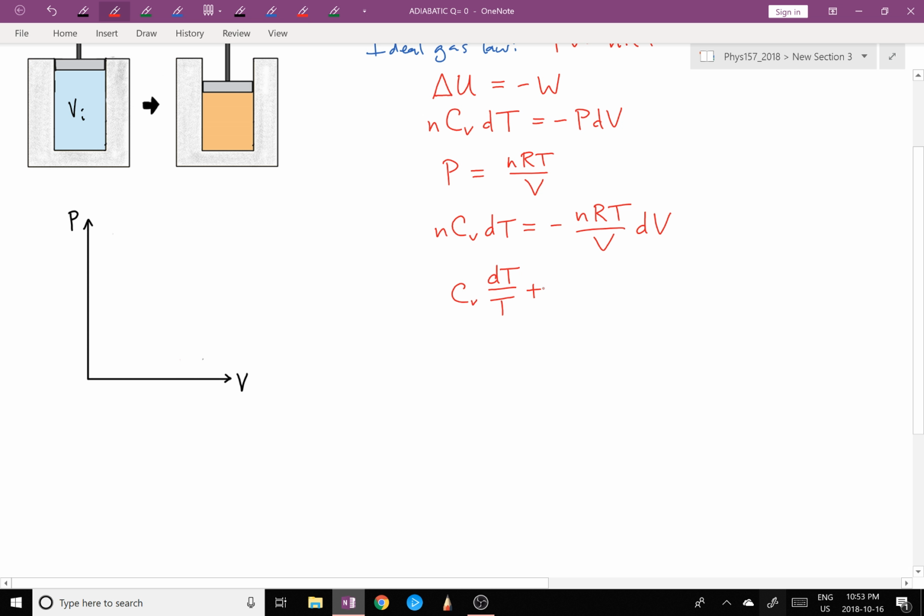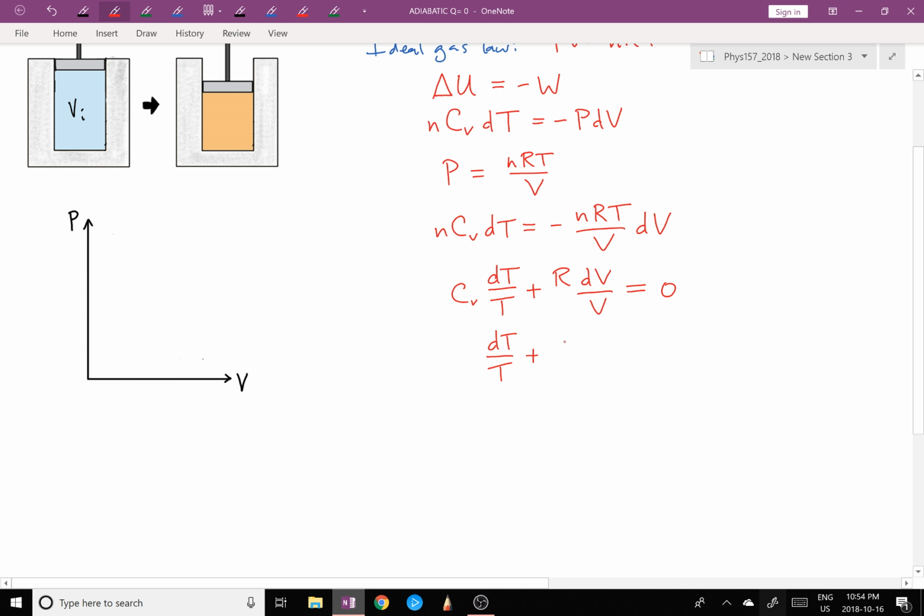plus R times dV over V equals 0. Okay, so now this equation, it's actually common to simplify it a little bit more, and let's divide by Cv.